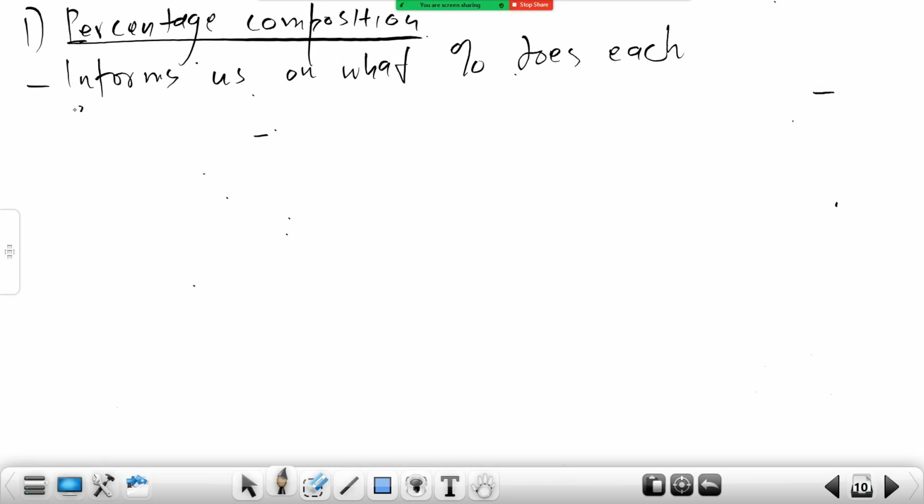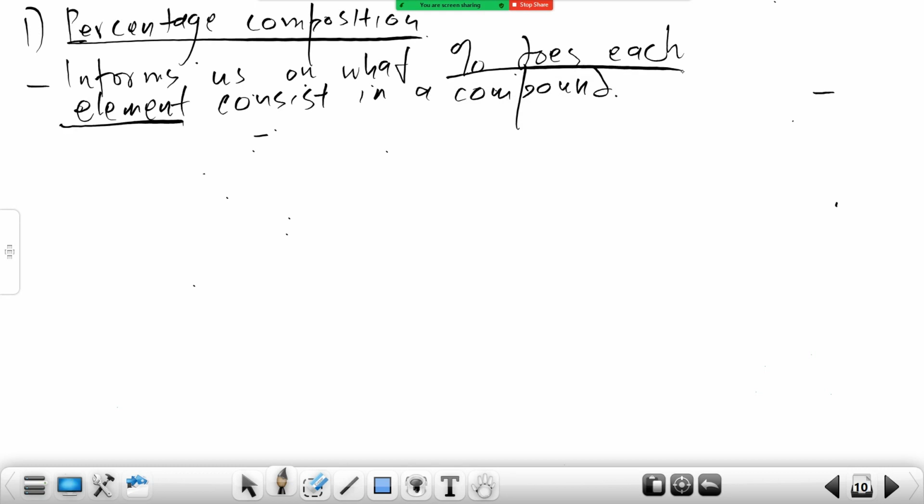Each element consists in a compound. So we will have our compound, but from the compound we want to know what the percentage of each element in that particular compound is.